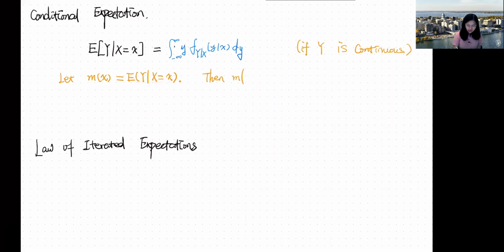Then little m is a function, and we can plug in the random variable X into that function. Then little m of capital X is a transformation of random variable X, and therefore itself is also a random variable.